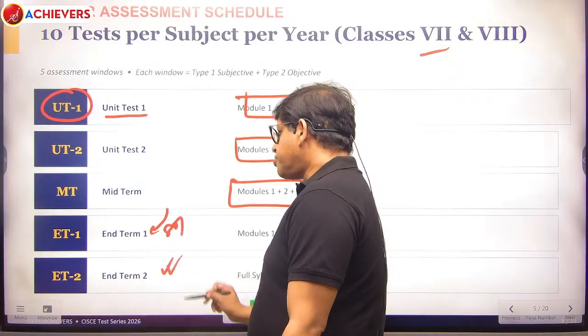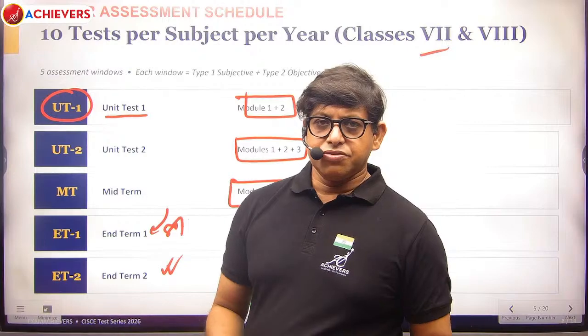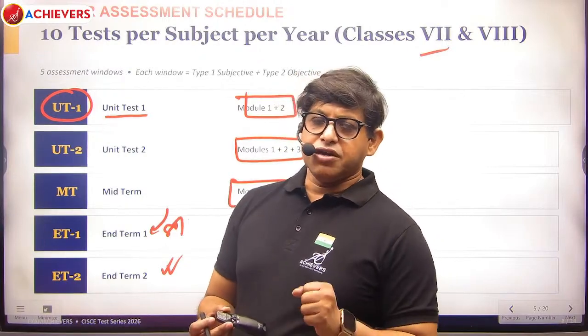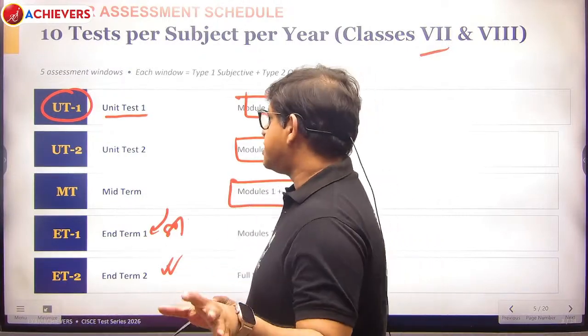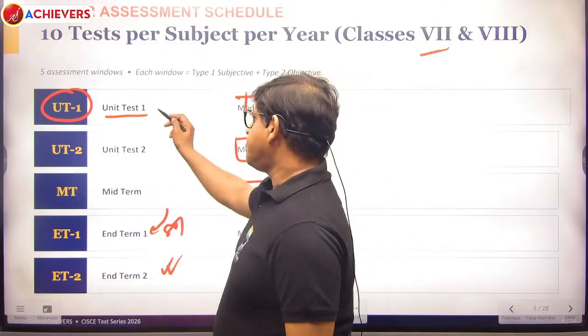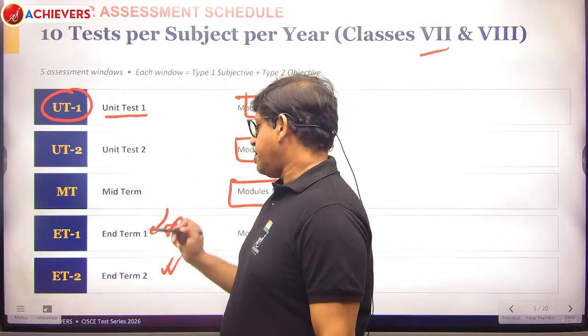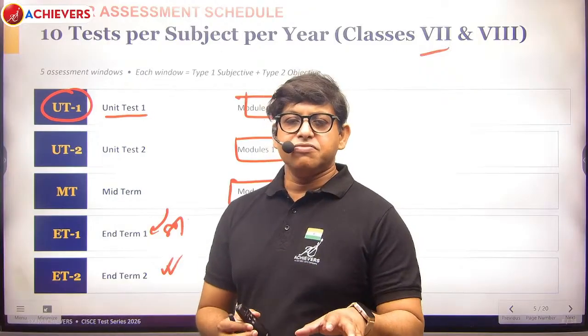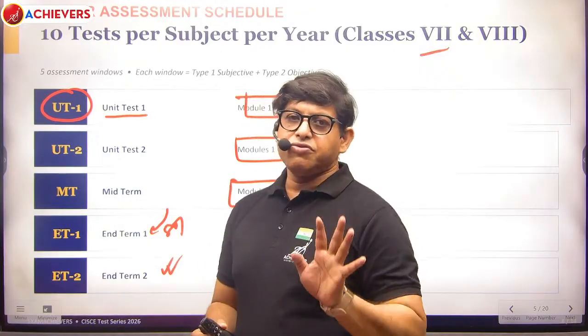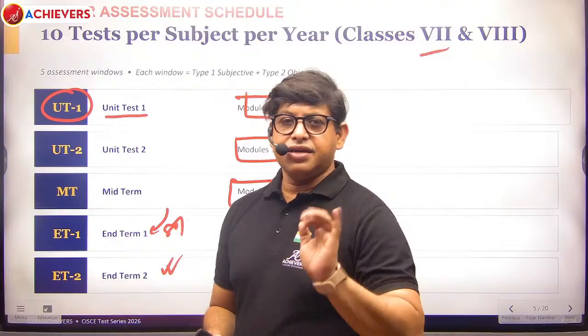Now there is ET2, that is the final full syllabus. So there are 5 subjective tests: UT1, UT2, midterm, end term 1, end term 2, and all the syllabus will be pre-given to you in that CISC booklet.